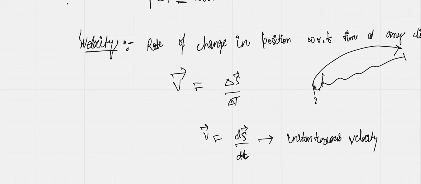So this v which we have written over here, if your velocity is constant for the path, the average velocity and the real velocity are the same. If your velocity has changed from time to time, you can simply write this as average velocity.